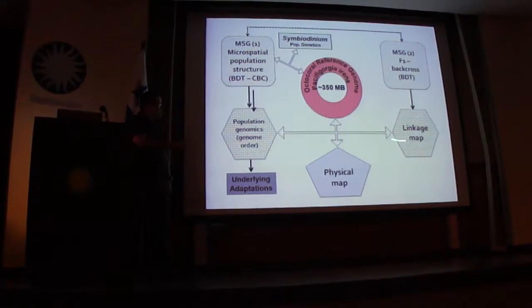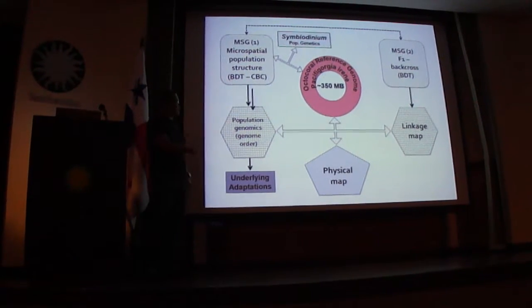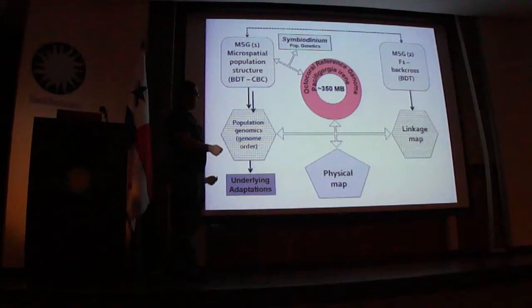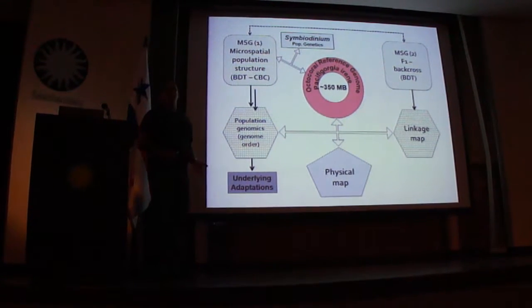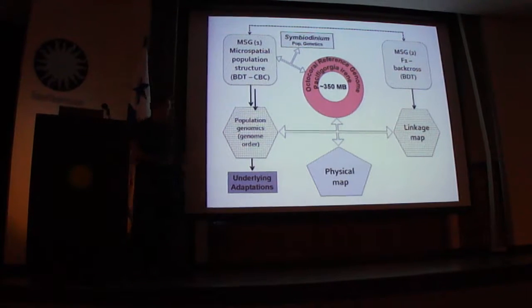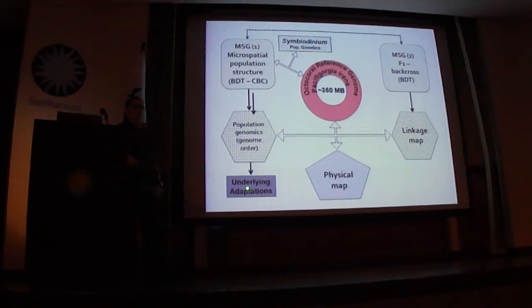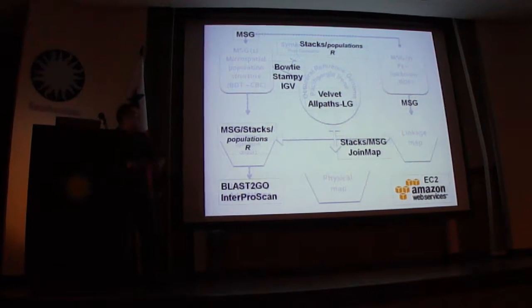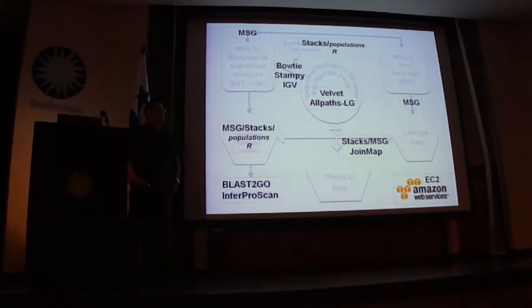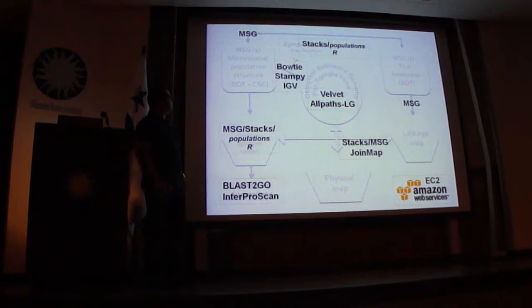After that, I'm going to have hopefully a nice linkage map for this genome. And I will end up with physical mapping, and the ultimate goal is to do downstream population genomics to find the underlying adaptations.